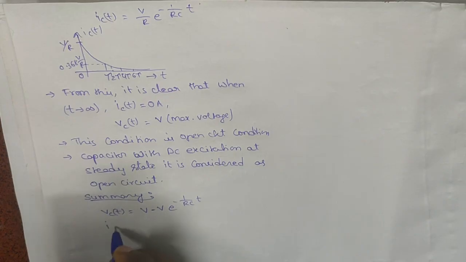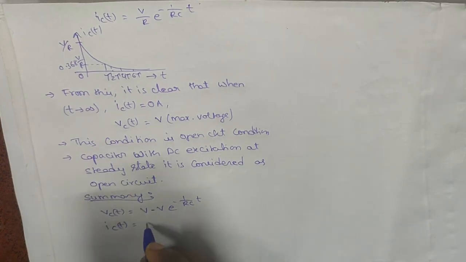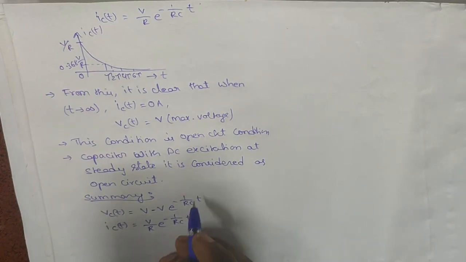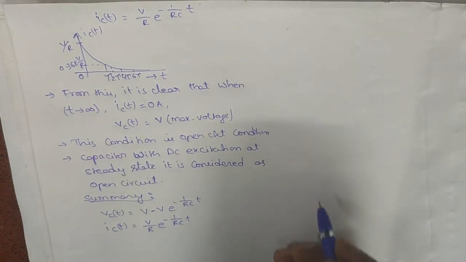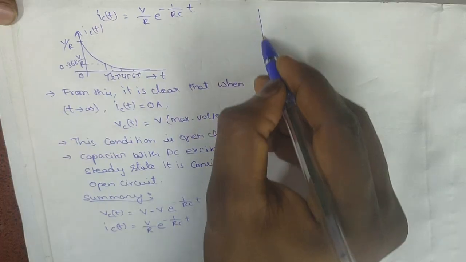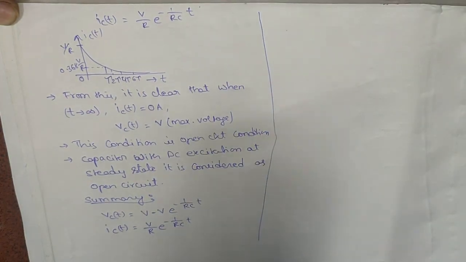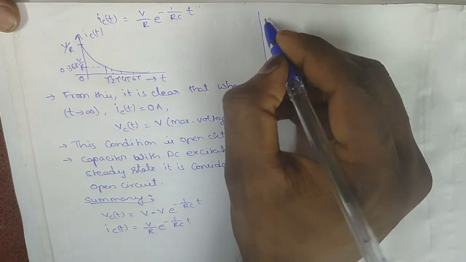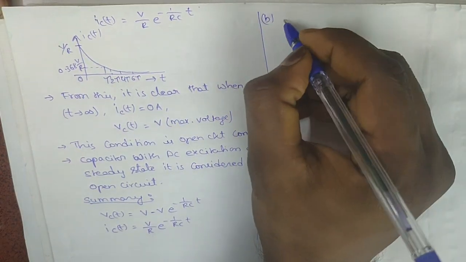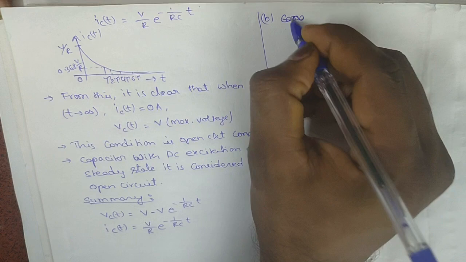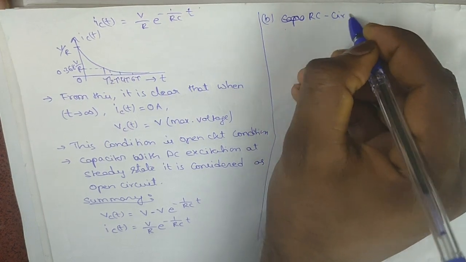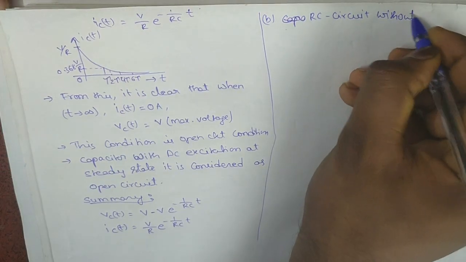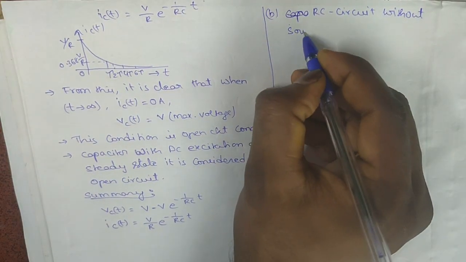Up to now, the current across the capacitor is V by R e power minus 1 by RC into t. Now, RC circuit without source.